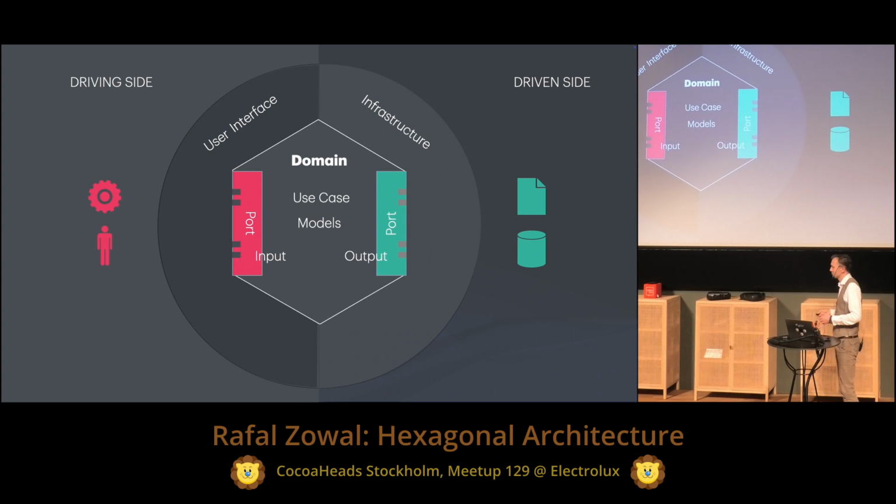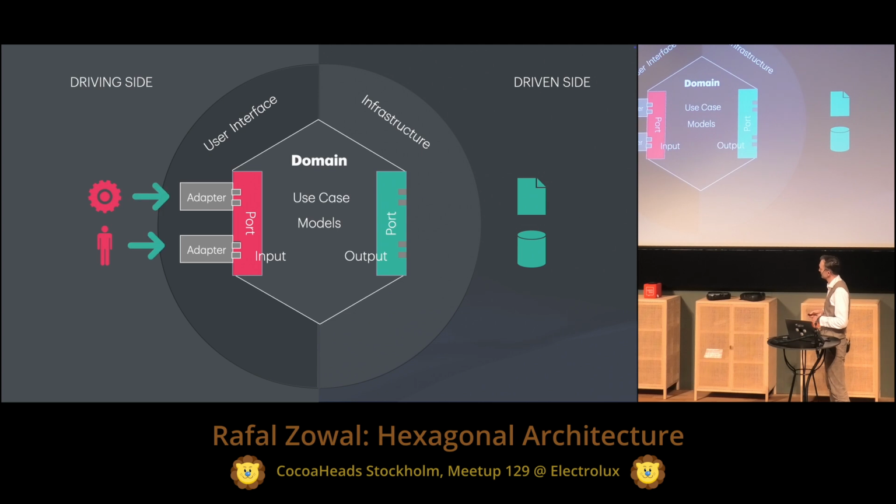But now, of course, with an interface you cannot do too much. You must implement the interface, and that's the core difference between those 2 ports. For the input ports, the implementation in hexagonal terminology is named an adapter. Typically, the input port interface belongs to the domain, and the implementation is also part of that domain.